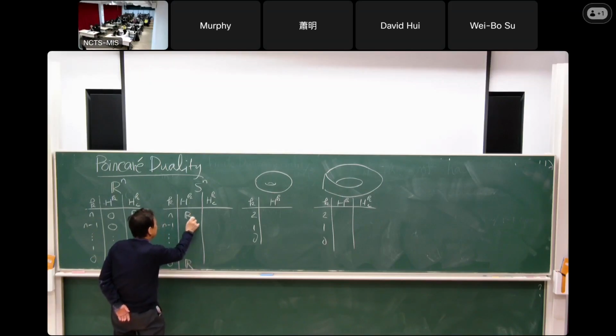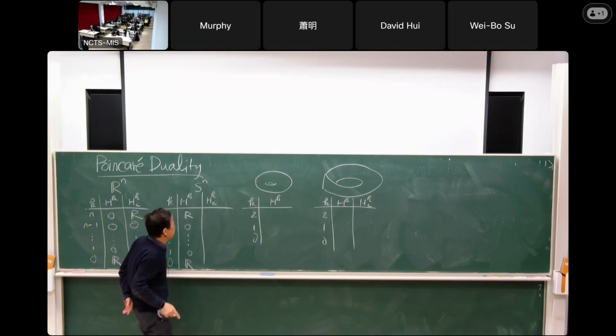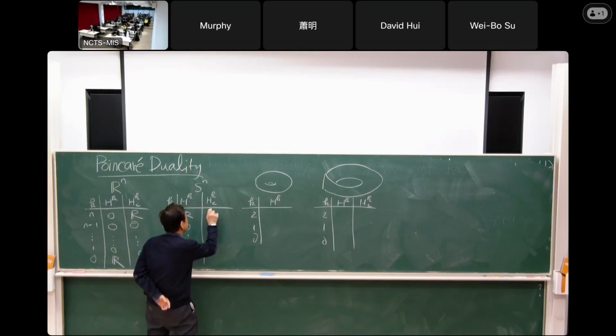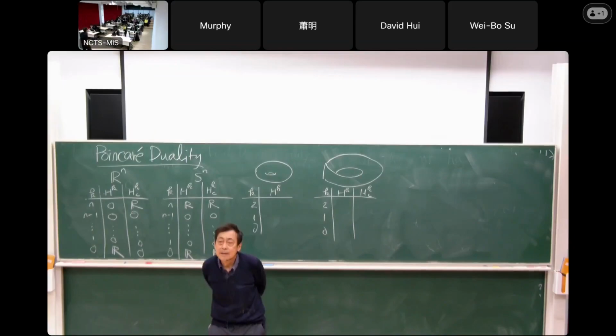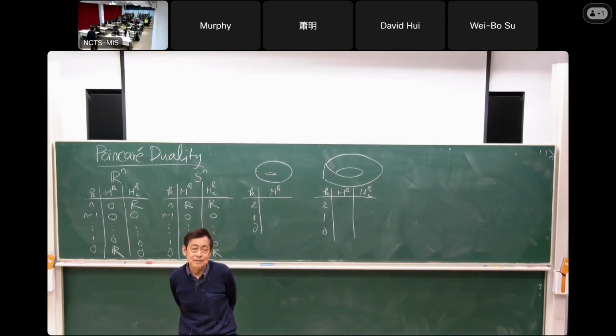And because S^n is compact, cohomology with compact support is going to be the same. And then for the torus, let's have a volunteer.